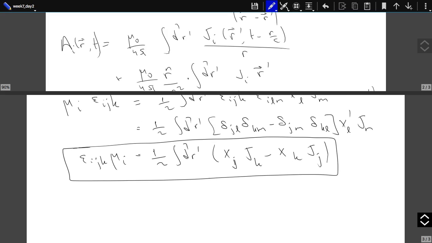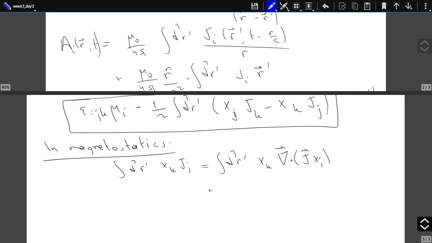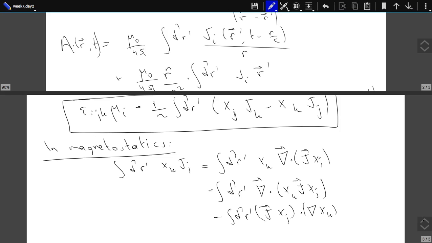If you remember the trick we had done, ∫d³r′ x_k j_j, we had written it as ∫d³r′ x_k, the divergence of j x_j, which was equal to ∫d³r′ the divergence of x_k j x_j minus ∫d³r′ j x_j scalar product with the gradient of x_k.